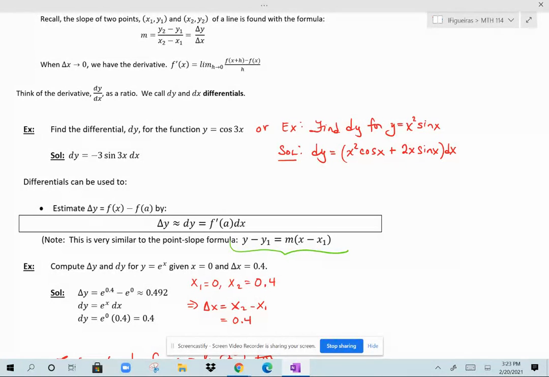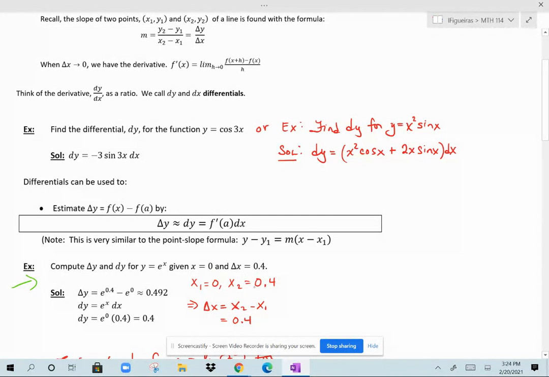Suppose I wanted to compute delta y and dy for this function y equals e to the x when x is equal to 0 and delta x is equal to 0.4. Delta y is just the difference in two y values for these x values. Now I have to figure out what those x values are.